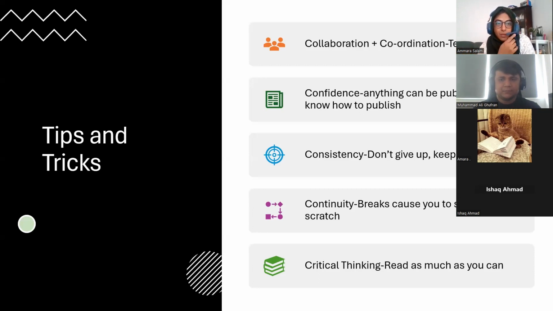Continuity is very important, because in research, if you have frequent breaks, for instance, I submitted an article for publication, and they sent a lot of revisions. If you do the revisions in a timely manner, it's quicker. But if you leave it for one month, everything is lost, and you will have to start from scratch. So keep the continuity.